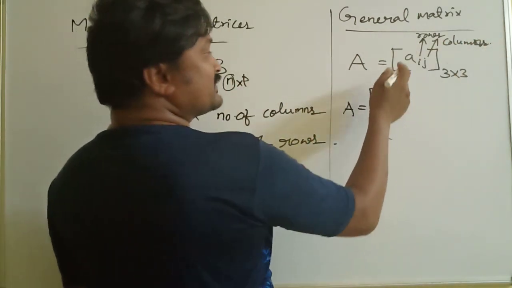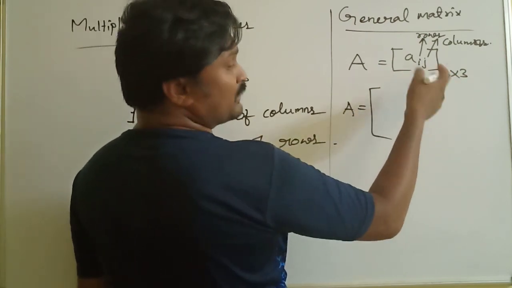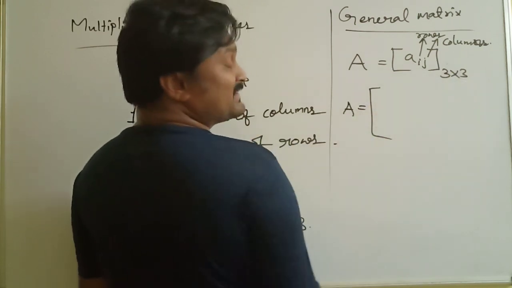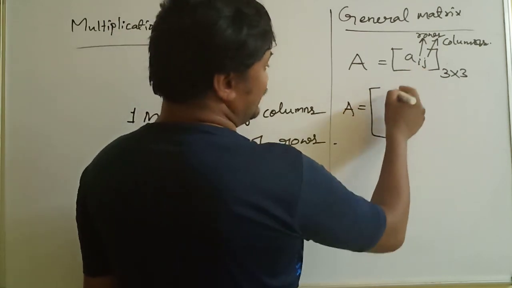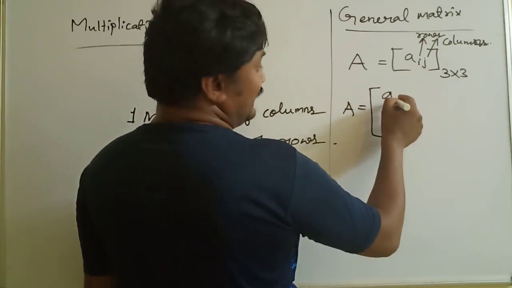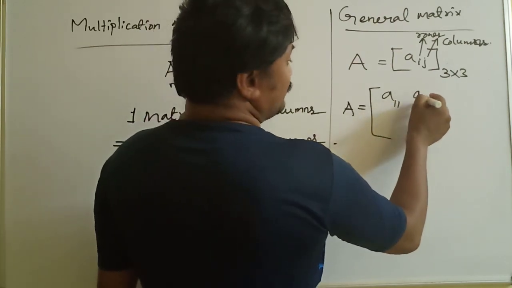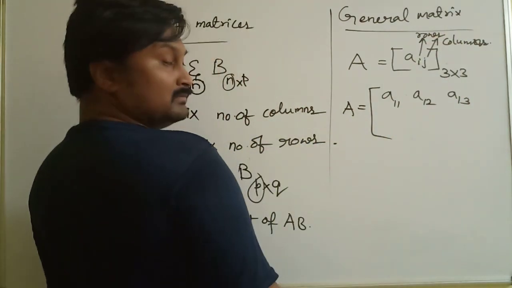Then, if I want to write that, how many elements are required? Totally 3 by 3 means 3 3s are 9, 9 elements are required. So how will I write? A11, first row, first column, first row, second column, first row, third column, right?